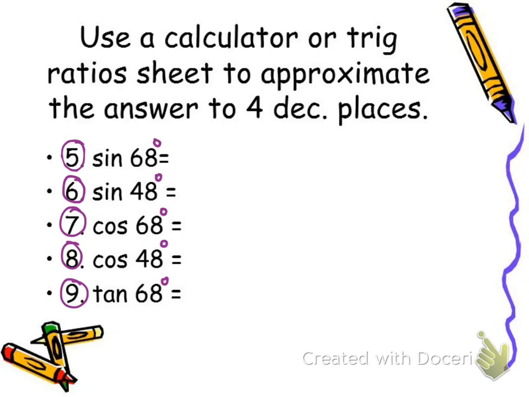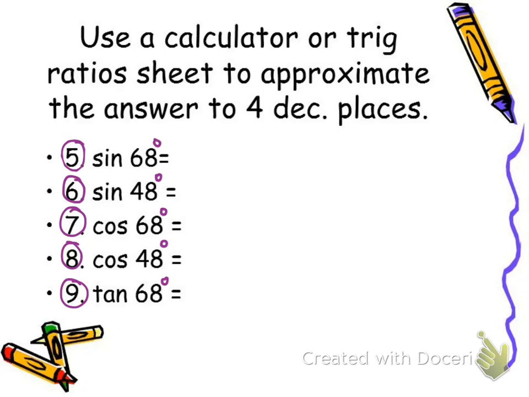So if you're using the sheet, you need to find 68 degrees, which is in the left-hand column. The bold numbers are the angle measures. Find 68 degrees and slide over to the sine column and see what number that is. Or, if you have a calculator, you can just type sine 68, enter, and it will give you that value.